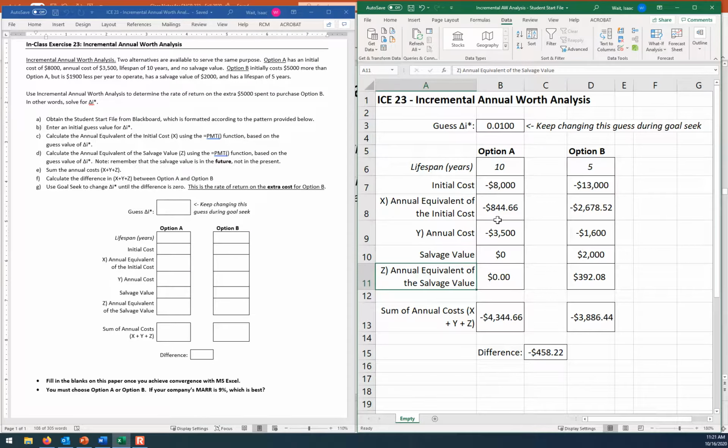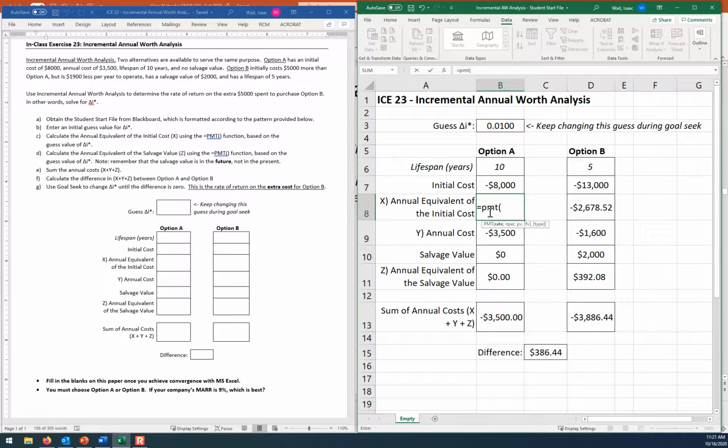Okay, so the function that I use to find the annual equivalent is the payment function. And so let me talk through again how I did that. So the payment function we say equals PMT. And what the payment function does is it finds A given either a present value or a future value.